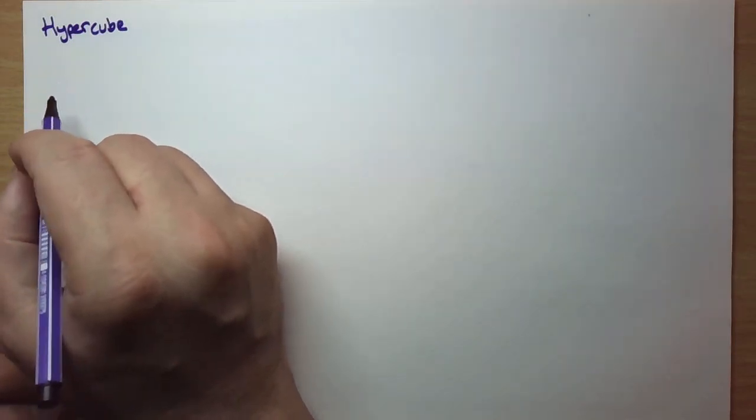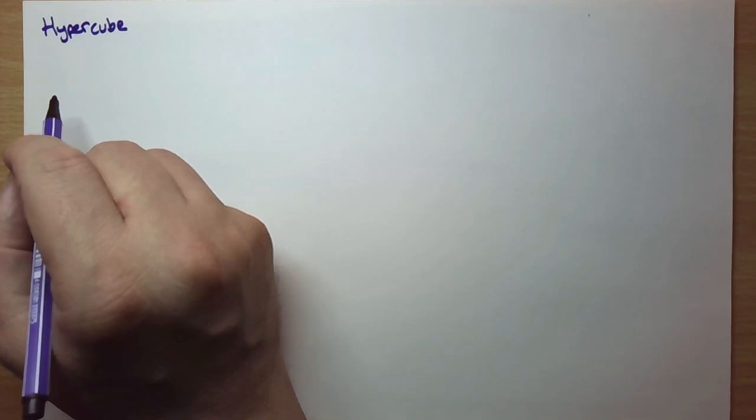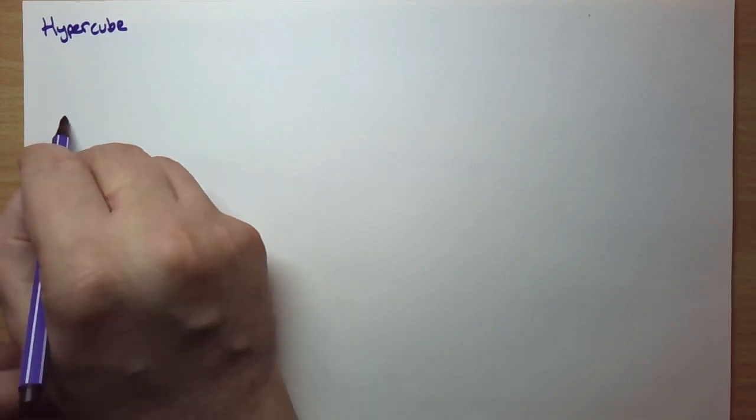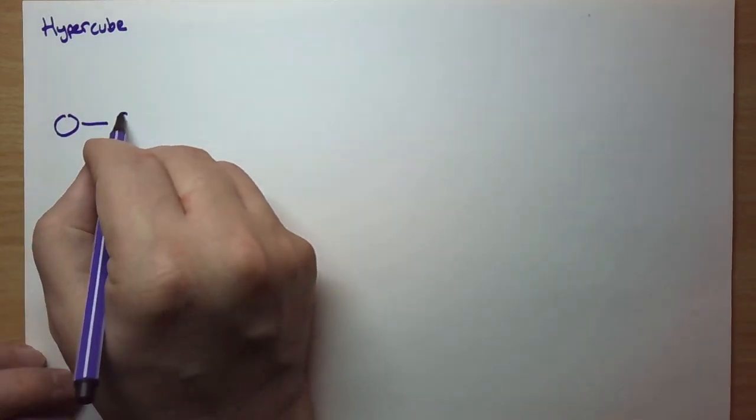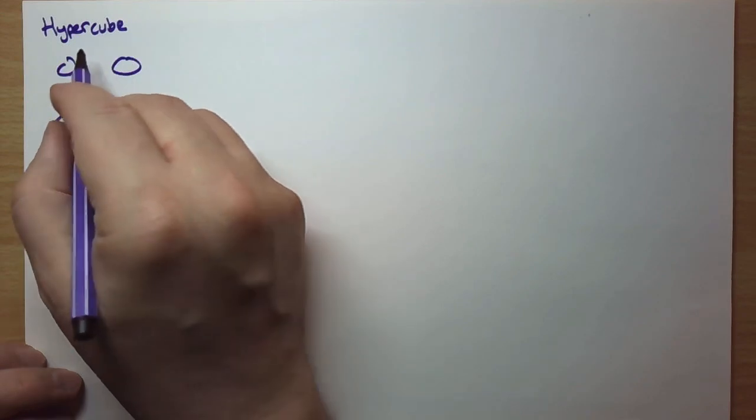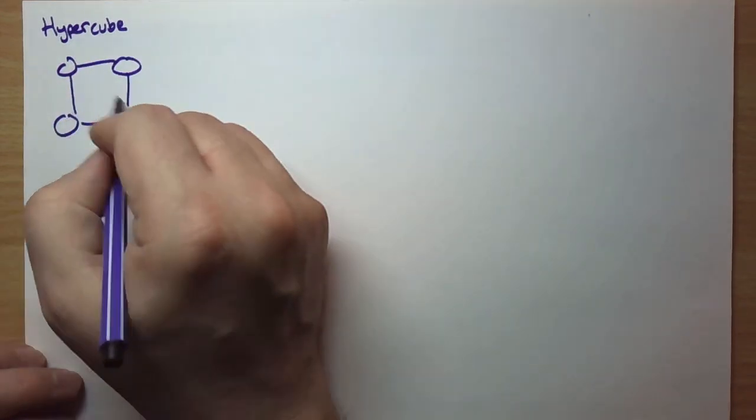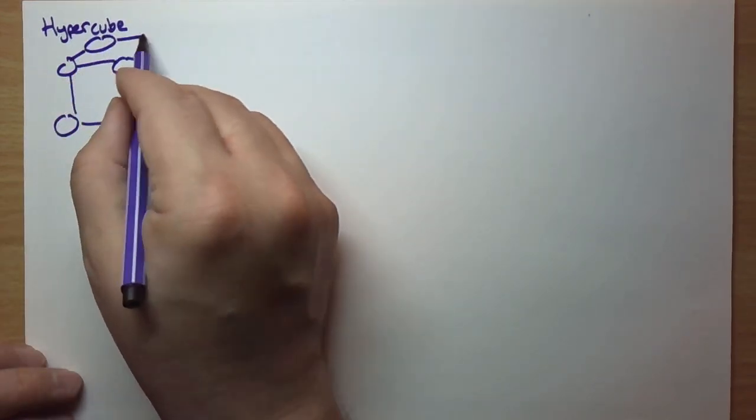the question is, we often think of the structure, but how do you think of the vertices? There's a couple ways you can think about them. I'll be dangerous here and try to do Q3, the three-dimensional hypercube.